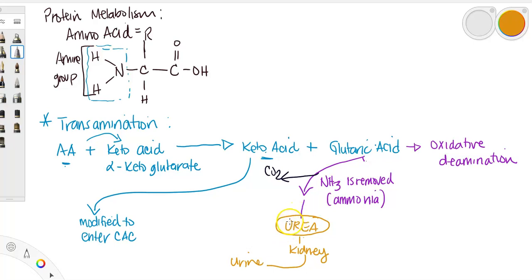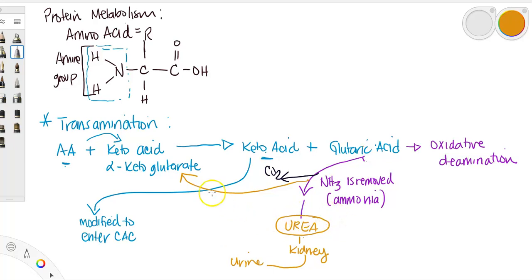Okay. So we got rid of that NH3 off of this glutamic acid, the NH3 goes to make urea, and the rest of the molecule then becomes a keto acid, or alpha ketoglutarate again.